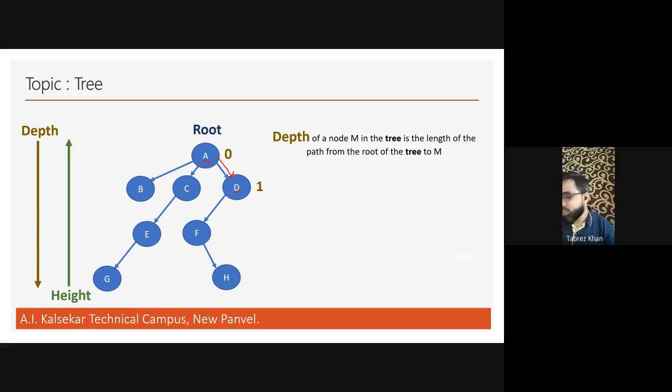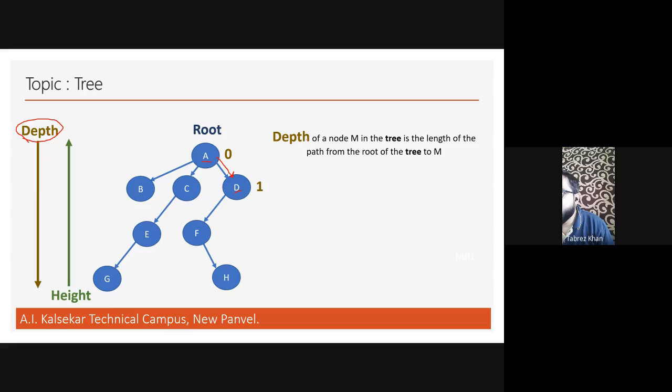See, I am using a color combination. The color of this text, depth, is brown.